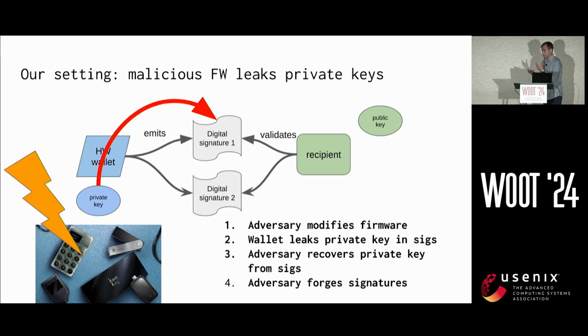Because in a later step, the adversary will be able to inspect those signatures, to read those signatures because they are normally public, and then recover secrets, and then ultimately forge signatures, right? Again, if we were to implement this kind of backdoor in, for example, a Bitcoin hardware wallet, this means that the adversary can just steal funds from the seed, from the secrets that they recover from the signatures in a backdoored signature scheme.